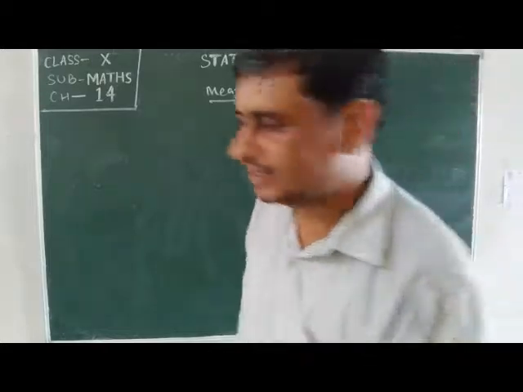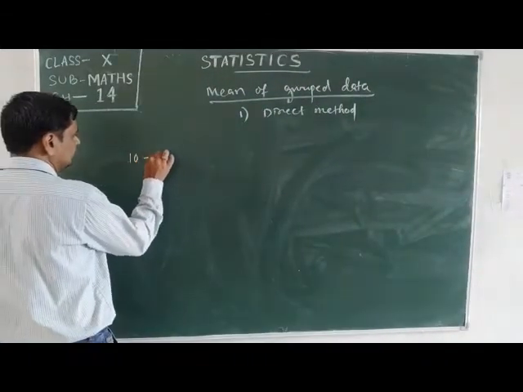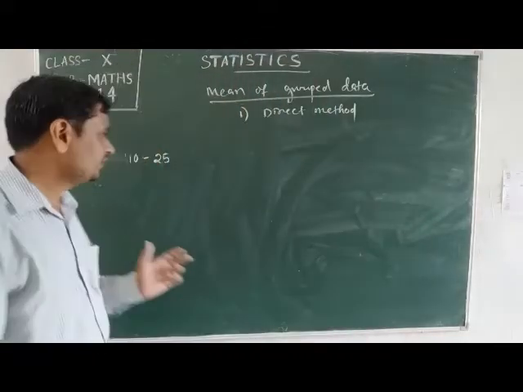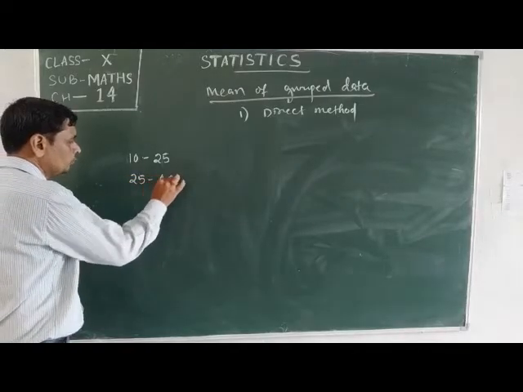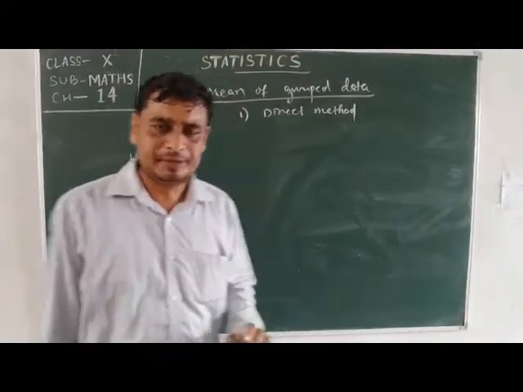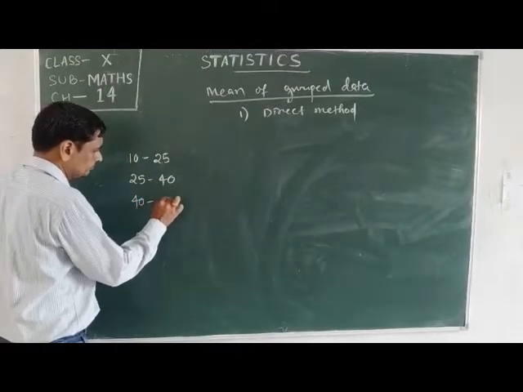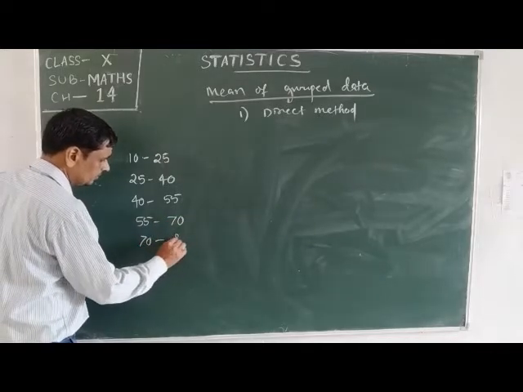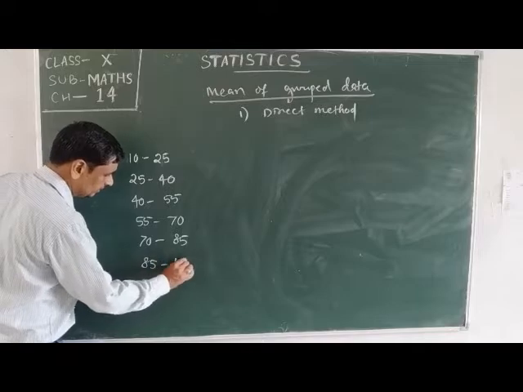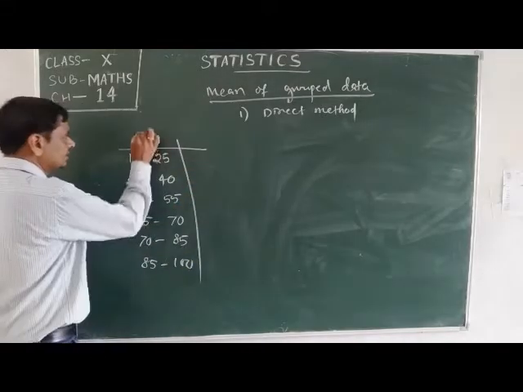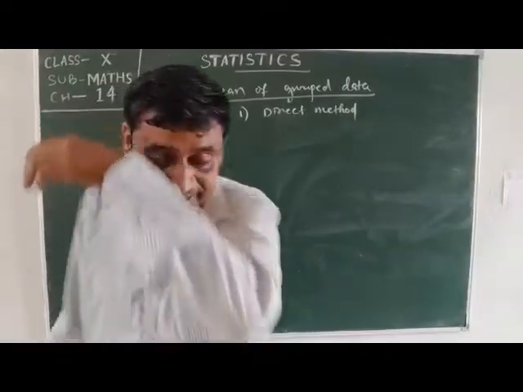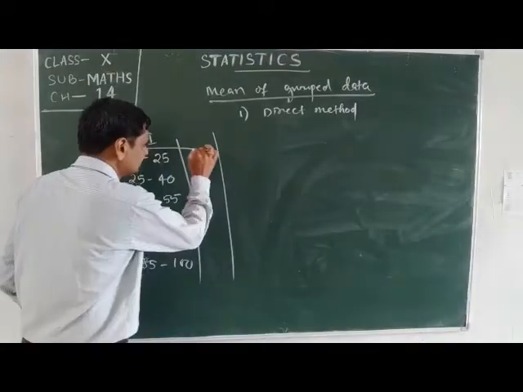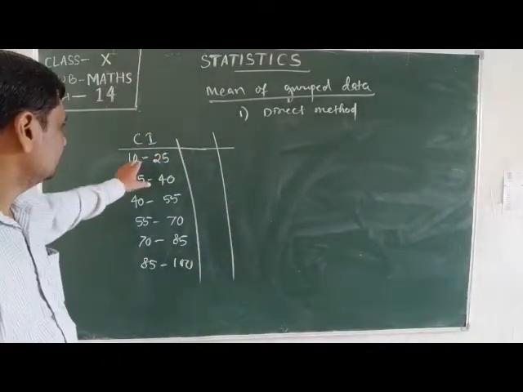It can be classified as 10 to 25, by taking the class width of 15, then 25 to 40, 40 to 55, 55 to 70, then 70 to 85 and 85 to 100. These are class intervals of class size 15.